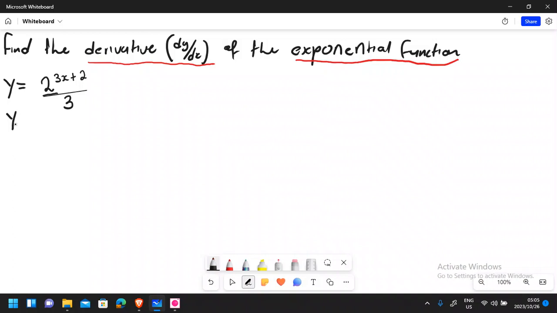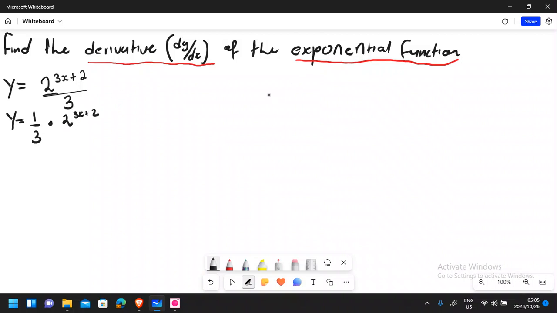You can say 1 over 3, you take out this 1 over 3, and then you multiply everything with that 2, which is the exponent of 3x plus 2. So you know that now you can start choosing the right formula for this one.